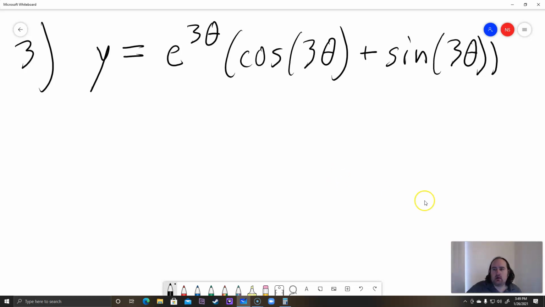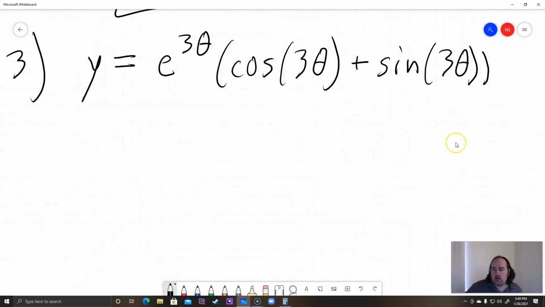For this one, once again, you're either going to want to distribute at the beginning or just go ahead and use the product rule. Me personally, I'd rather use the product rule, because if you distribute the e to the 3 theta at the beginning, then you're going to end up having to do the product rule twice, which can be kind of long and confusing. So I would recommend just using the product rule the way it's written.